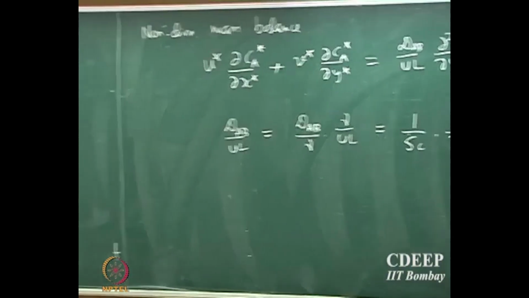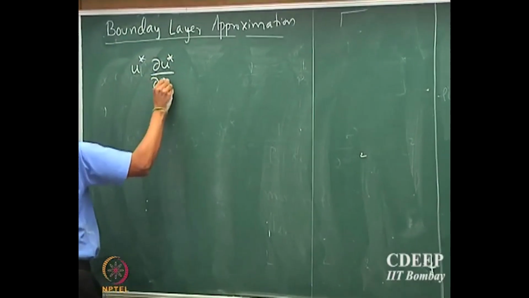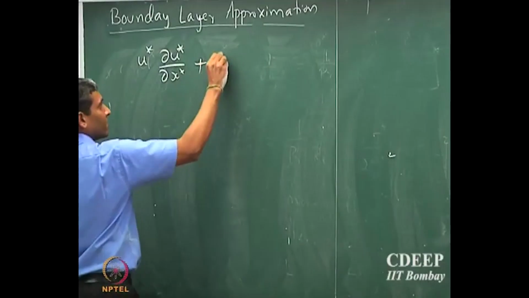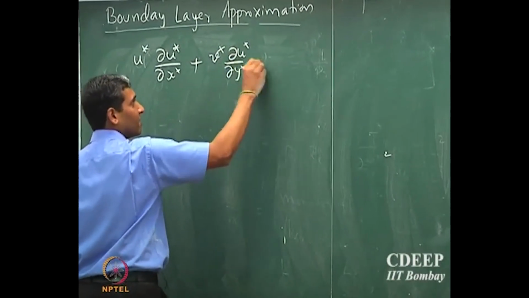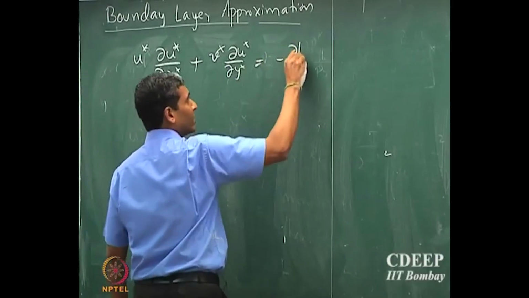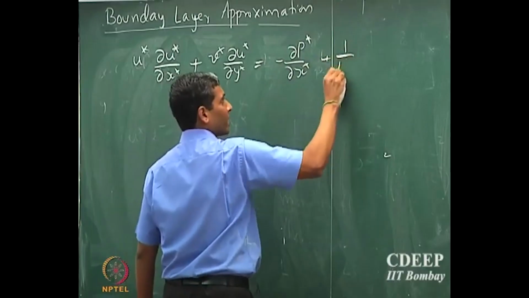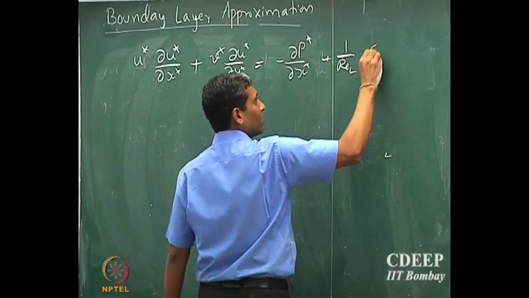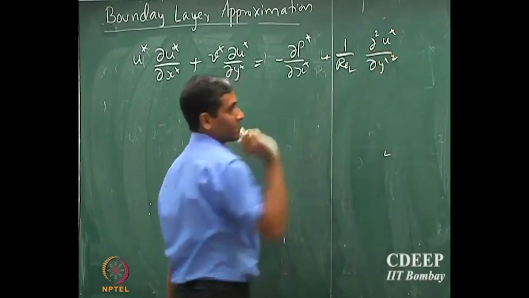So, if you see the momentum balance, it is u star du star by dx star plus v star du star by dy star, that is equal to minus dp star by dx star plus 1 by Reynolds number into d square u star by dy star square. Okay.